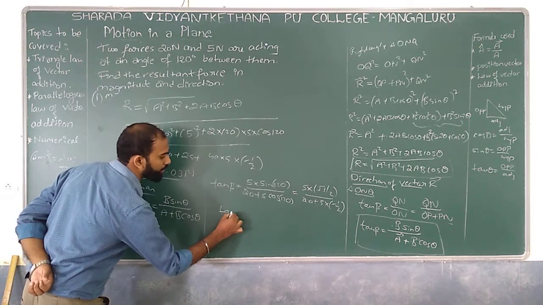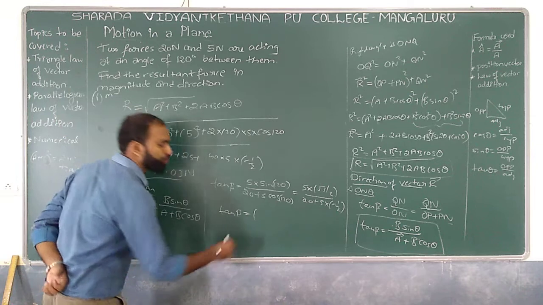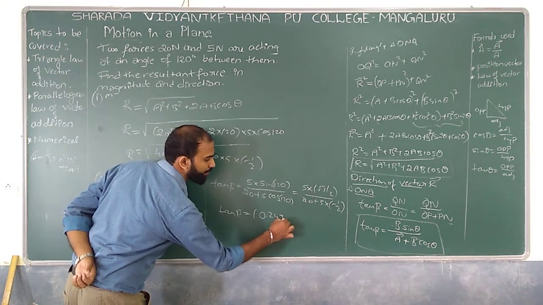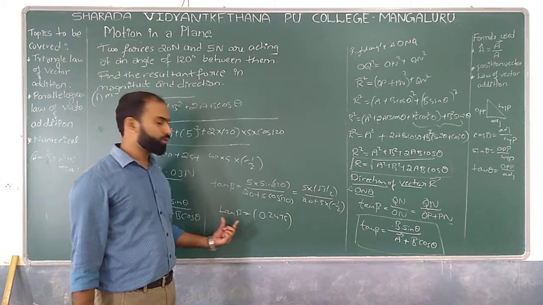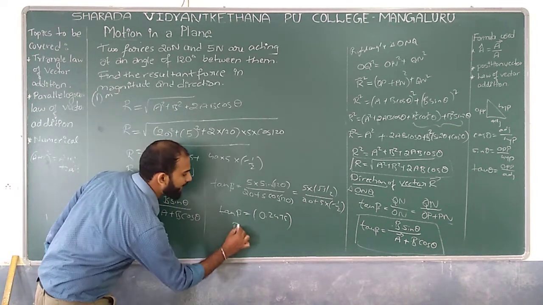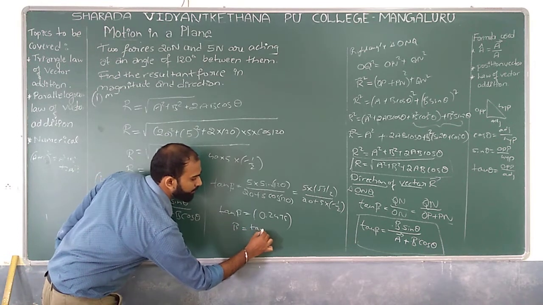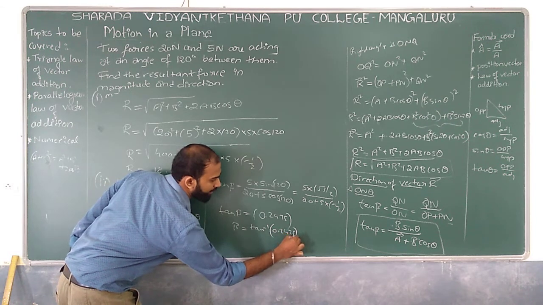Altogether tan beta is around 0.2475, and this value gives the tan beta value, but I need the beta value. Beta is the tan inverse of 0.2475.